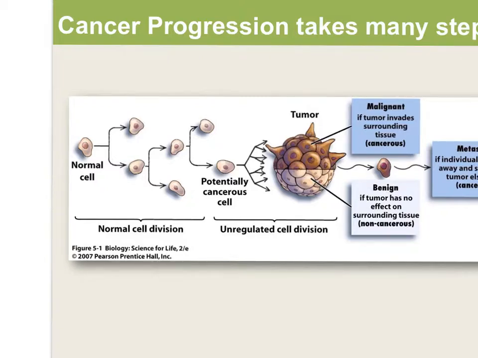Actually, normal cell division. We make daughter cells that are identical to the original cell. They go through all the checkpoints fine, mitosis, all that whole bit. And then you've got normal cells that are being replaced. Now, potentially cancerous cells, you have unregulated cell division for whatever the reason.